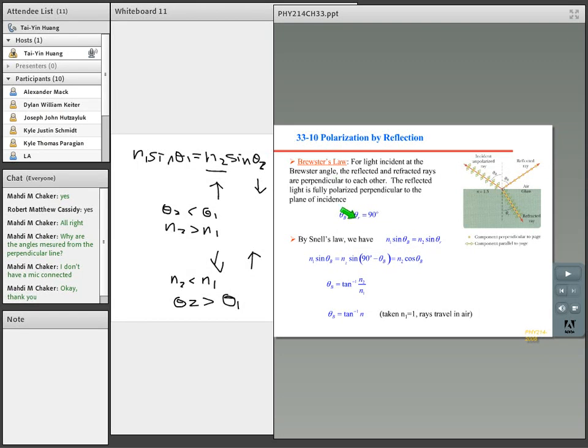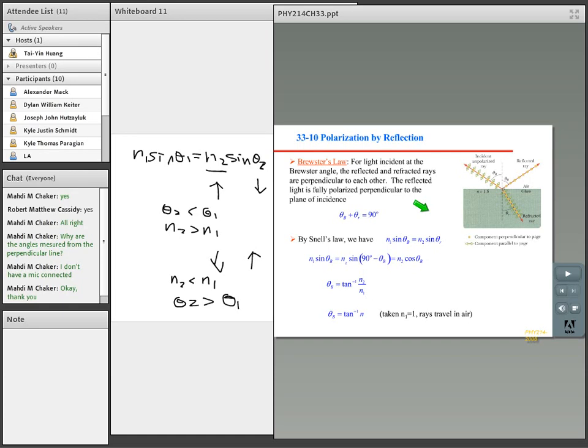You'll find that the refracted ray will be closer to the normal. In this case, let's say you have the light source that's actually embedded in glass, and it's propagating through the glass and striking the interface and going into the air. Then the light that's being refracted will be away from the normal. So this basically describes how the light ray will propagate when it is going through different media.